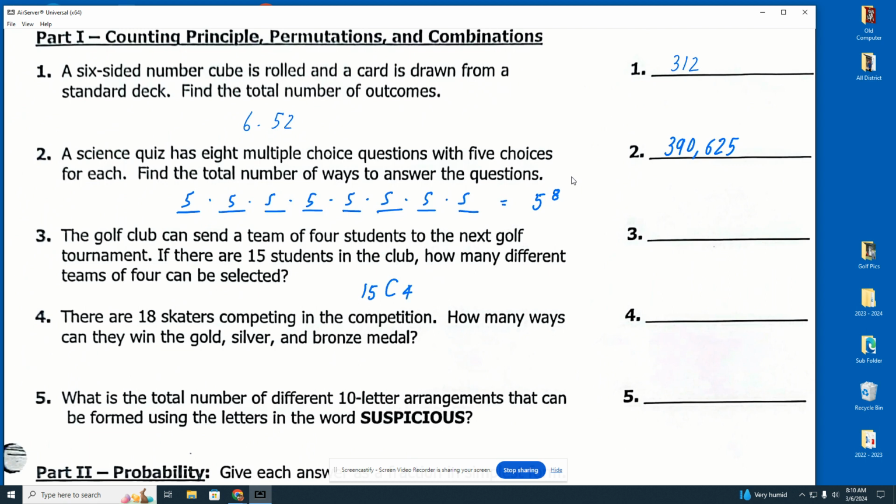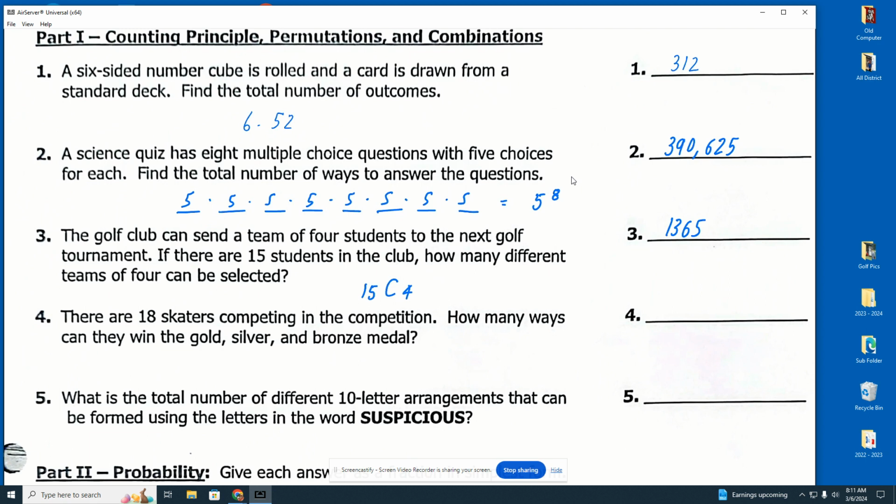Not really organizing. It's just a possibility of 4 different players. So it's 15 with a combination of 4. Did y'all type it in? What'd you get? 1,365. Yes, 1,365.